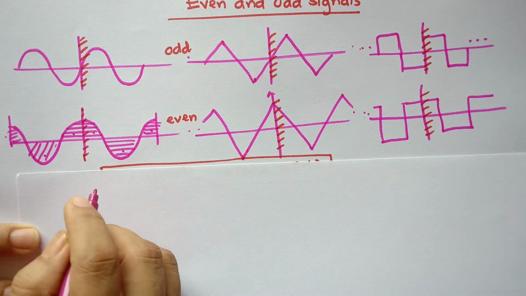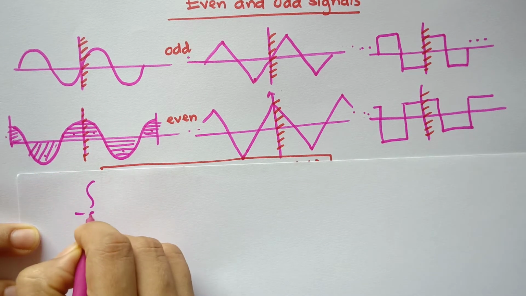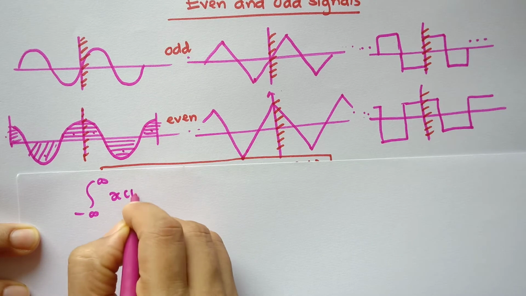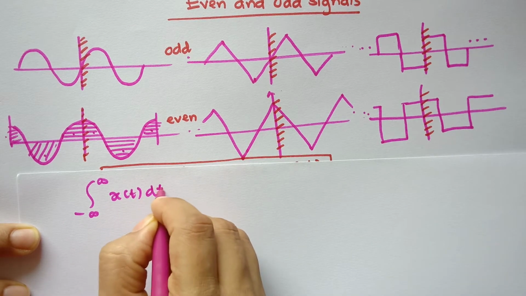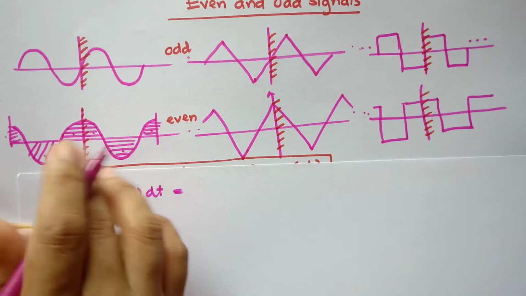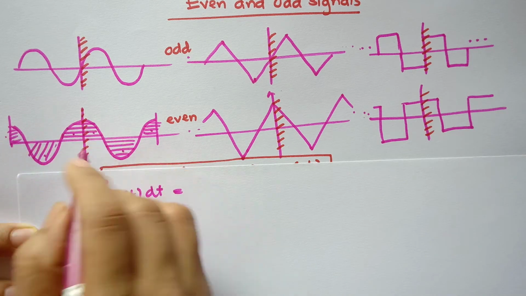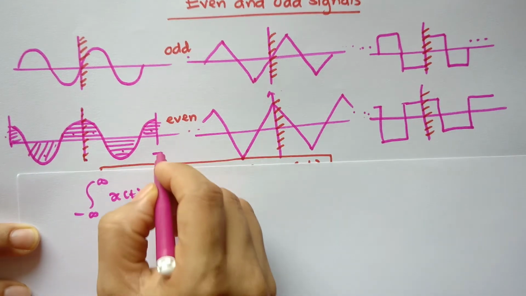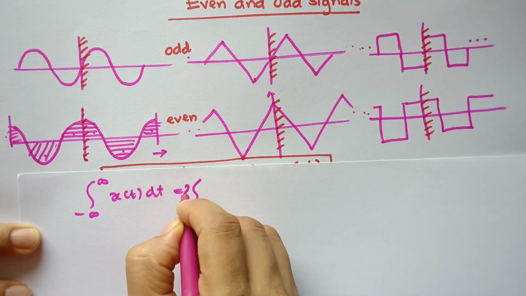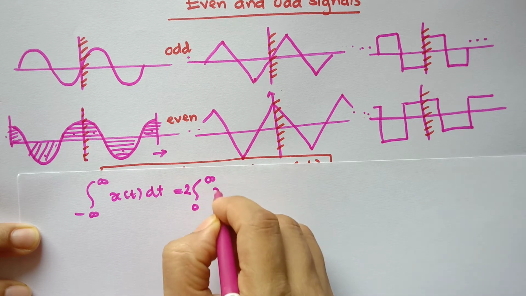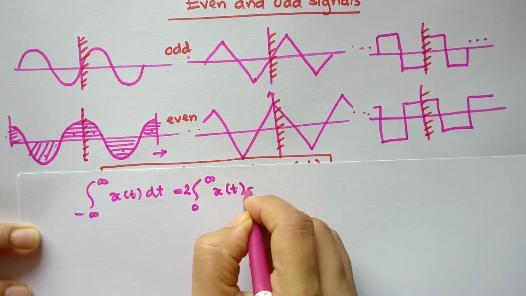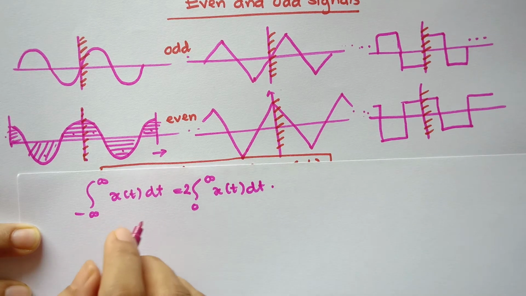So when you integrate the signal from minus infinity to infinity, x of t dt, that will be equal to twice the area from 0 to infinity, in the case of even signals.